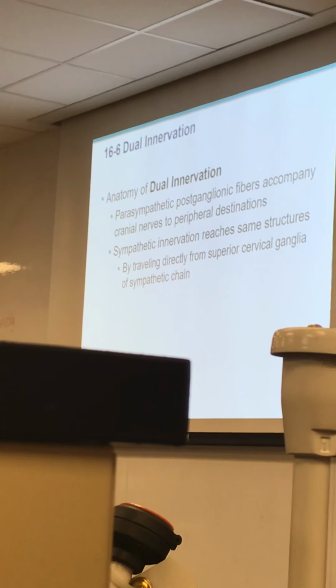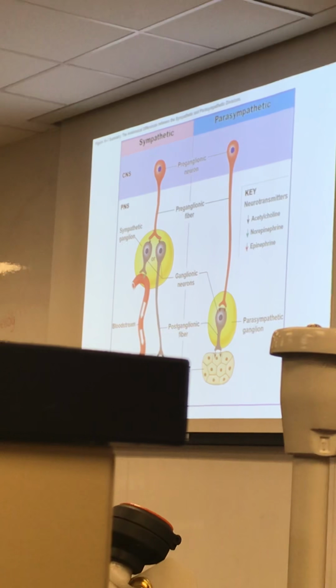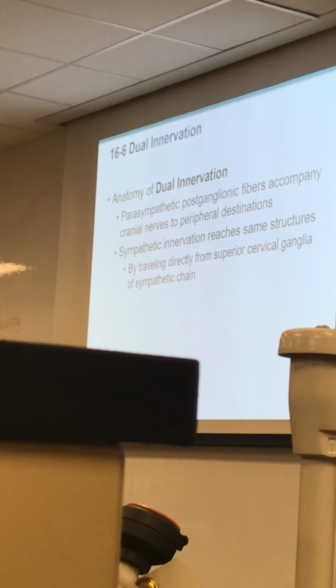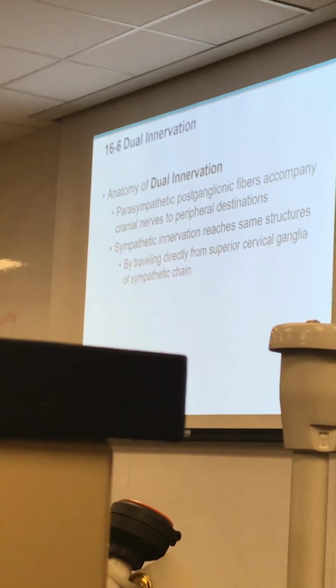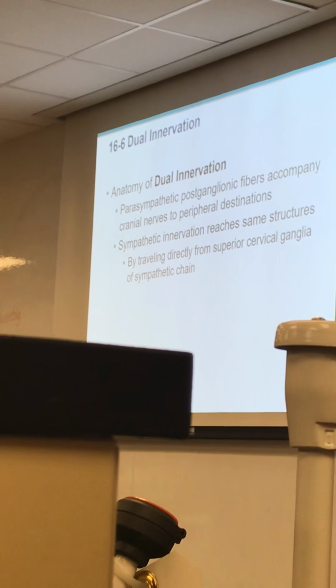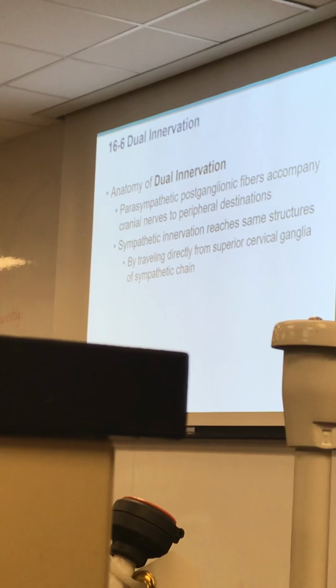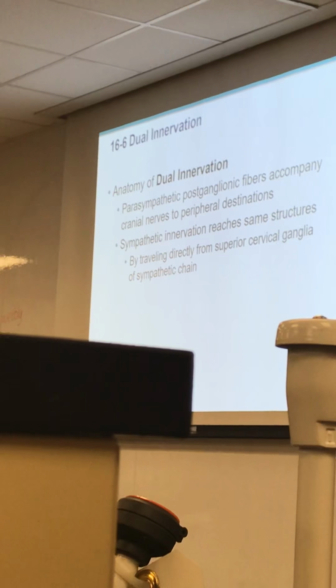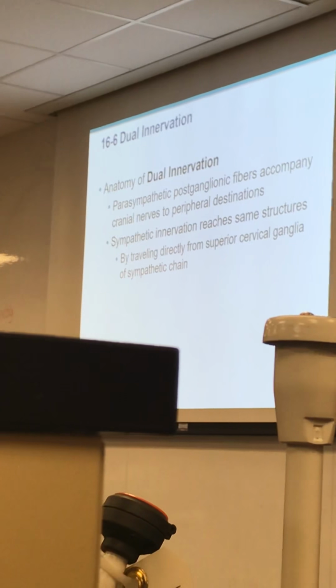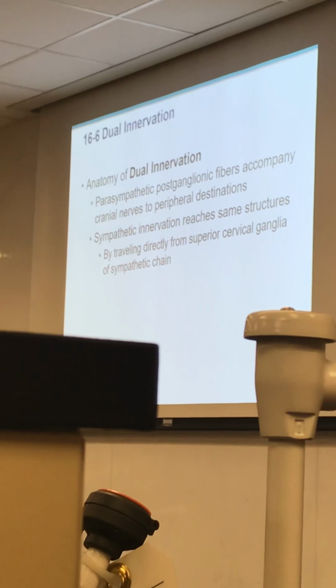So overall, every organ in your body is innervated by both the sympathetic and the parasympathetic division, as each organ needs to be elevated and excited, but at the same time, they also need to relax. Your cardiovascular rates need to go up, but then they also need to be brought back to normal. Same with your respiratory rates, same with your digestive rates. So every organ has dual innervation by the sympathetic and parasympathetic divisions.